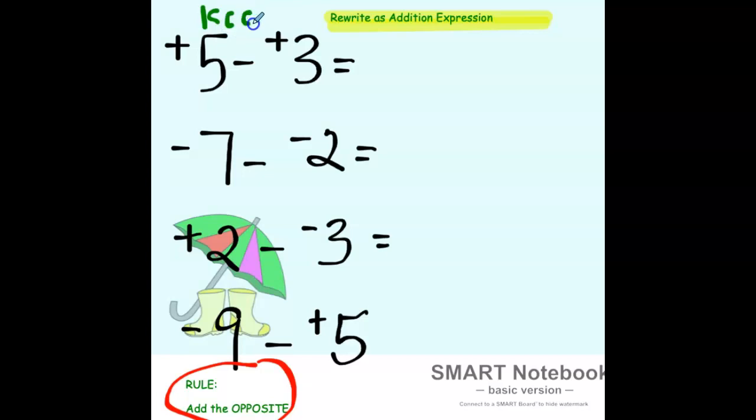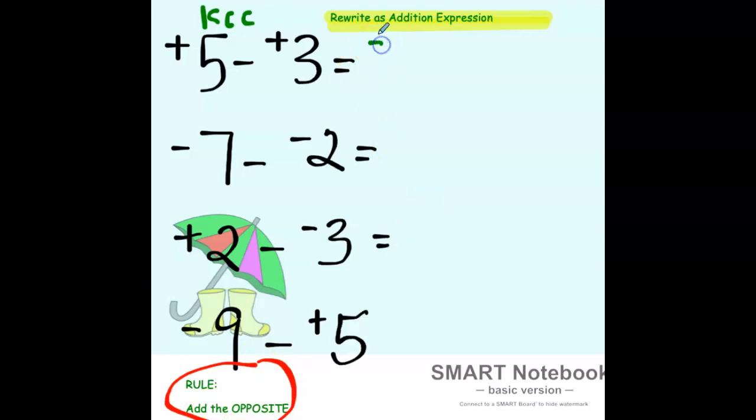I don't usually recommend acronyms, but I think it's going to help us remember what we're doing. So we change. We're talking about the signs, right? Or we add the opposite. How do we do that? I would like you to rewrite it as an addition expression or addition equation. So we change, and then we proceed to addition.